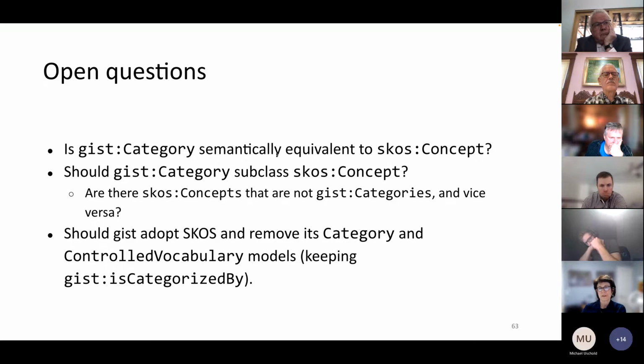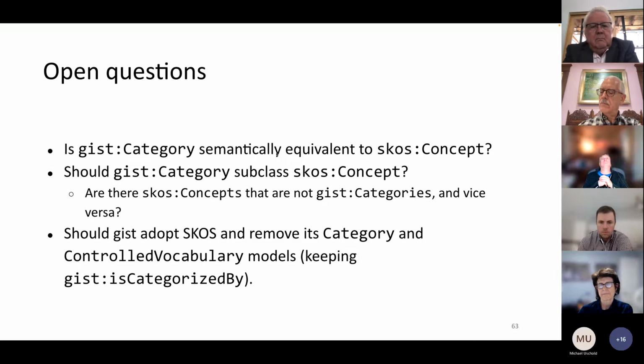Or should we just wholesale adopt SKOS and remove our category and controlled vocabulary models? We've had a bit of this discussion at Semantic Arts, but I'd like to get other people's points of view. Michael, I know you've thought about this a lot.